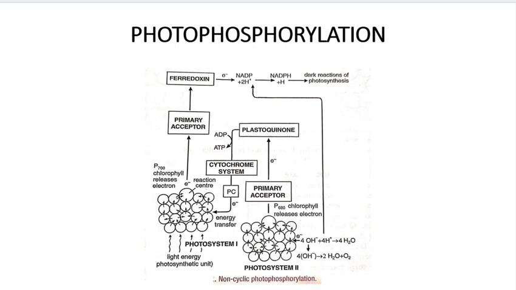You can see that the electron that has been released is accepted by a primary acceptor, then by ferredoxin, and then the electron is transported to NADP.